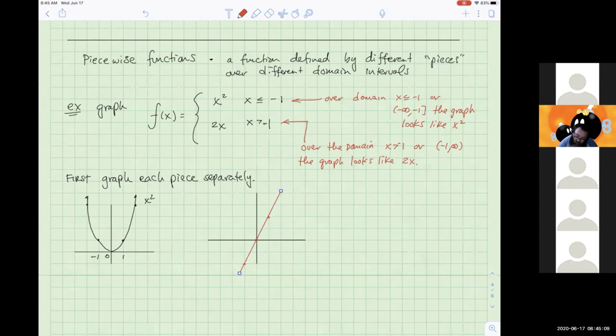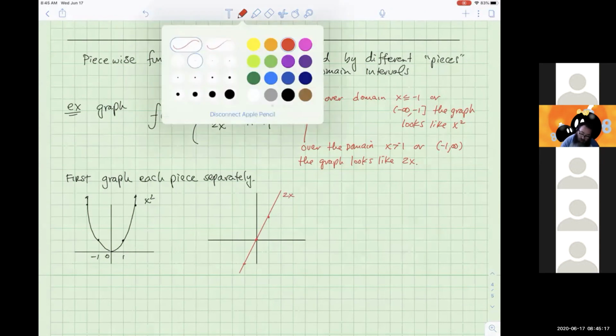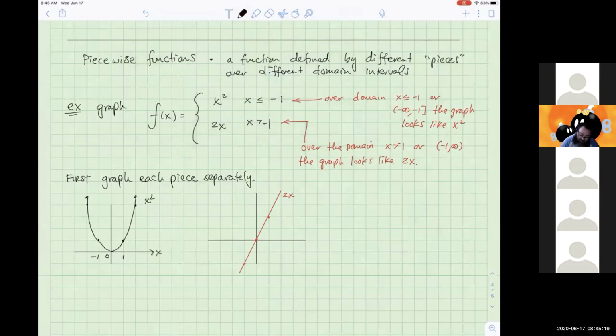Something like that. So this is 2x. I didn't label my axes here, but this is the x-axis. This is the y-axis. Again, x, y, and that's 1, 0, 1. And that's what each one of those graphs looks like individually. And hopefully that doesn't tax too many people. You should be able to graph both of those.